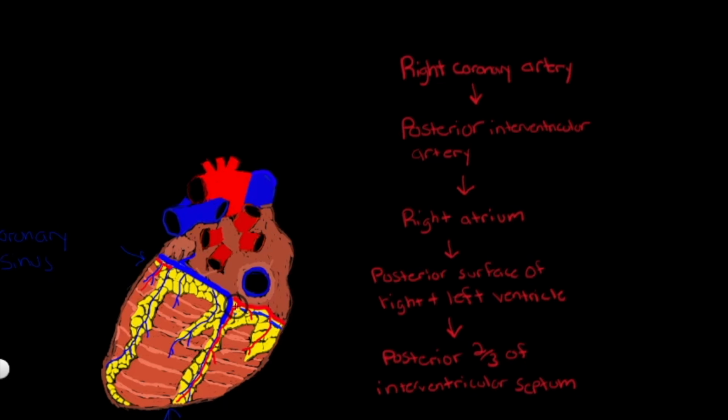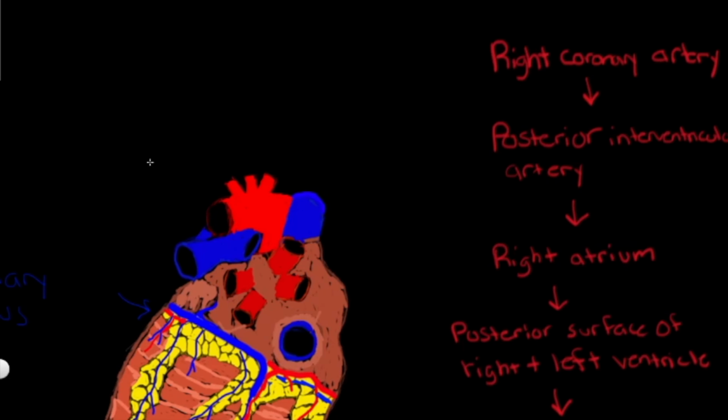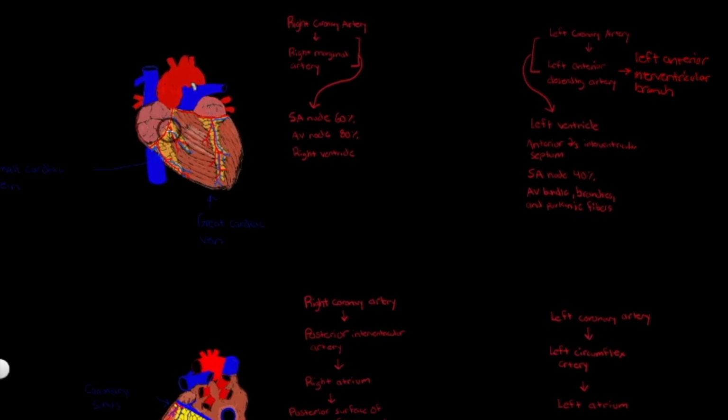Coming down right here. So the next artery that comes off of the left coronary artery is the left circumflex artery, and that artery is located right here in the red. The left circumflex artery gives blood flow to the left atrium of the heart. So again, here you have the left coronary artery, and then the left anterior descending artery, which is called the LAD.